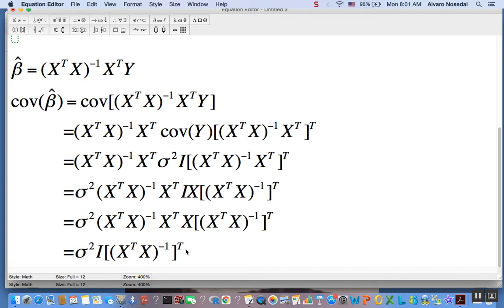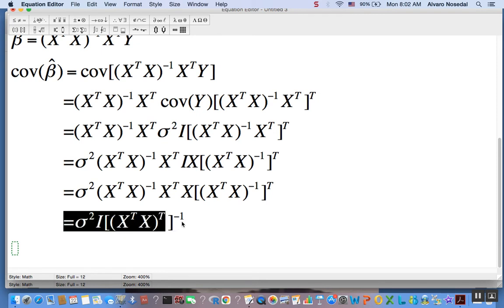Now, we talked about this at some point, that if you have a matrix B inverse transpose, that's the same as B transpose inverse, right? So these guys now will switch places. We'll have a transpose here. We'll have an inverse here. Okay, and then when you do this, X transpose X transpose, you end up with X transpose X again, right?